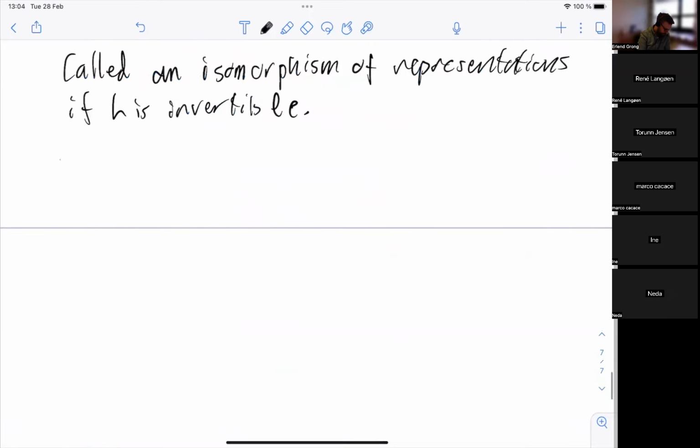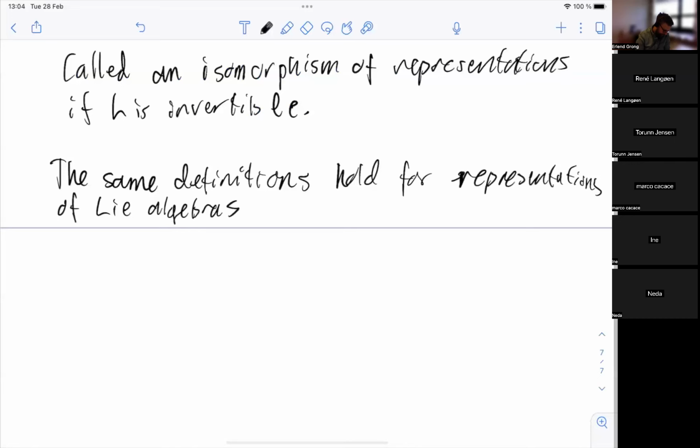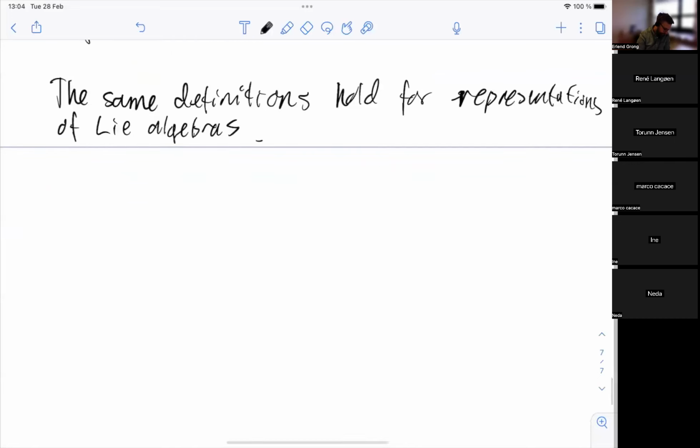And the same definitions hold for representations of Lie algebras. So let's see if we have time to do an example.